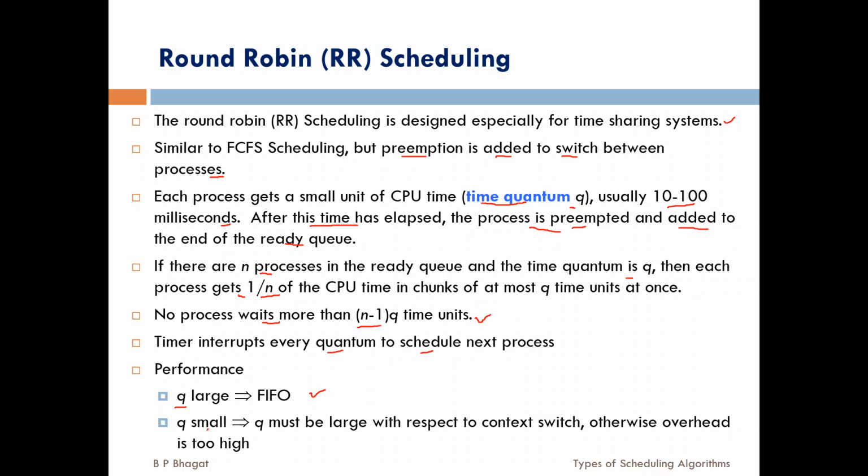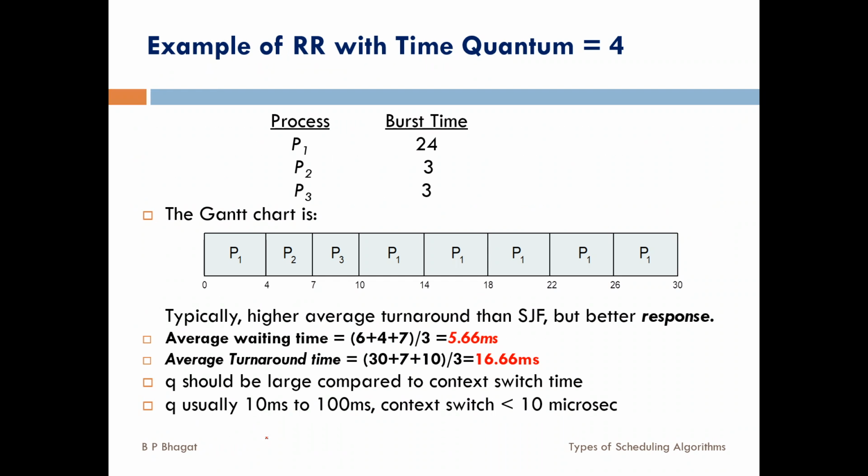If the time quantum is very small, then the context switching overhead will be large, and the overhead is too high. So these are some of the plus points as well as issues related to round robin scheduling. Now let us discuss an example related to round robin scheduling.